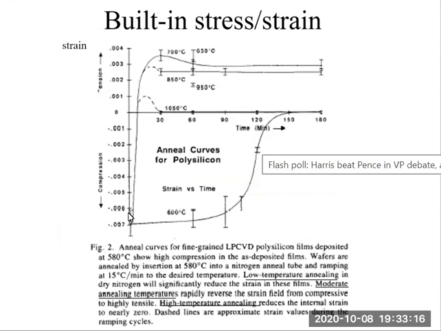With high temperature annealing at 1050 Celsius, the compressive stress can be quickly reduced to almost zero within half an hour.